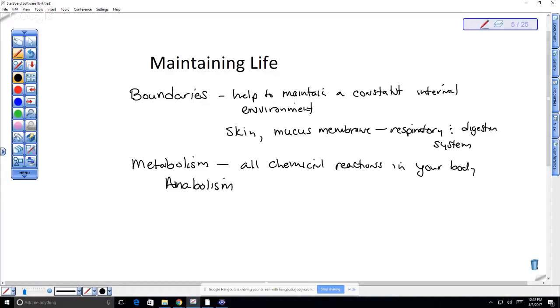So that's ANA, anabolism. So think about anabolic steroids. What do anabolic steroids do? They build, right? So they make your muscles bigger. They can make the muscle fibers get thicker, the diameter increase. And so this is the building of molecules.